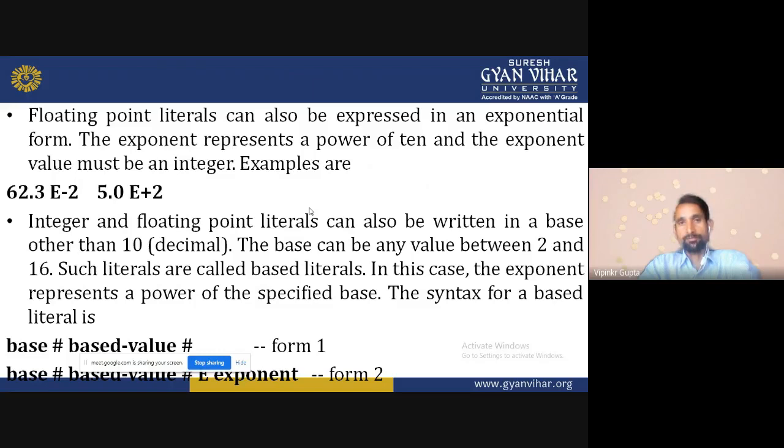The exponent power must be an integer, not a floating number. For example, 2.3e-2 to 5.0e+2. Integer and floating point literals can also be written in a base other than 10. The base can be any value between 2 and 16.